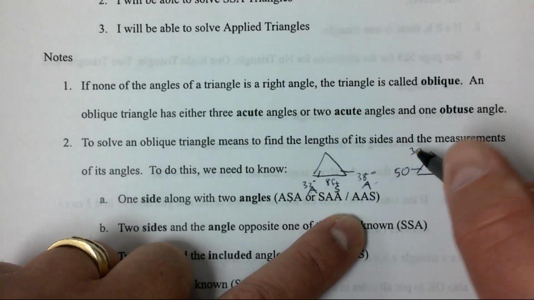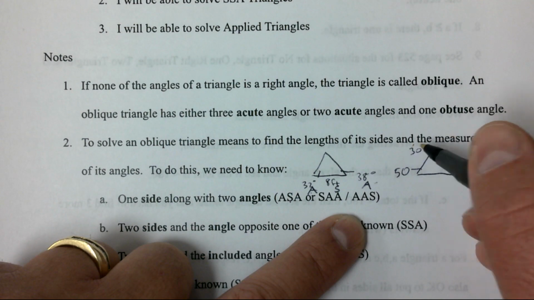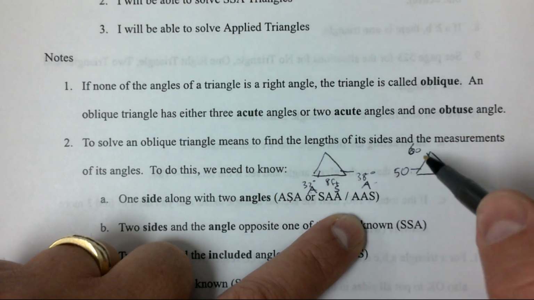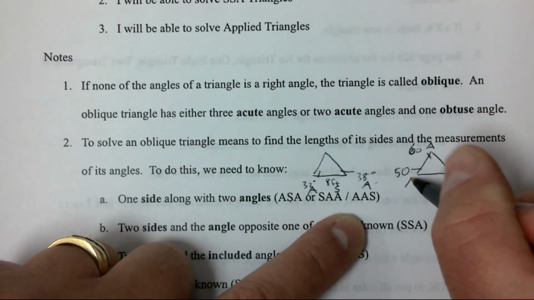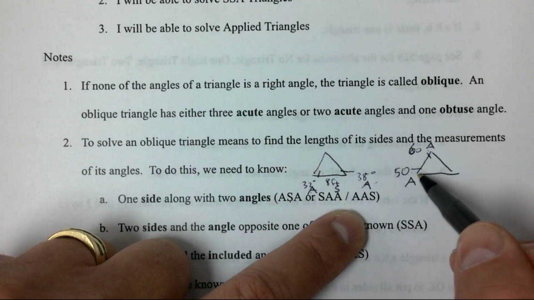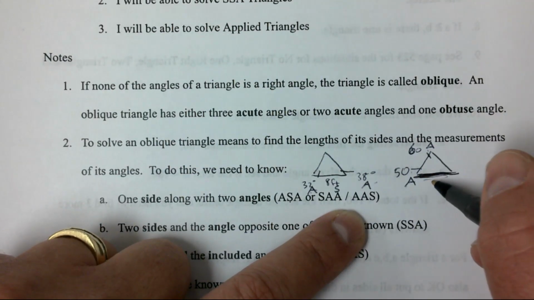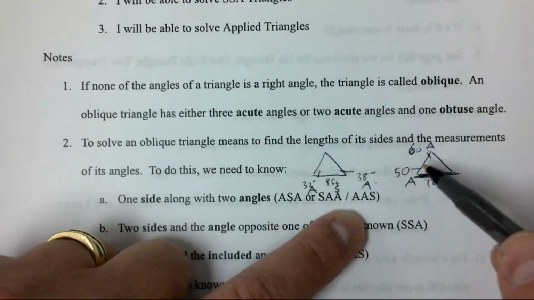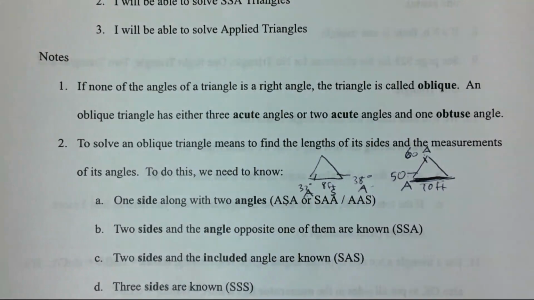What if we said this one's 60 and that one's 50? There's your AA, and then you need an S, so AAS, this side length. So let's say this one's 10 feet, for example. So that's what your triangles are going to look like.